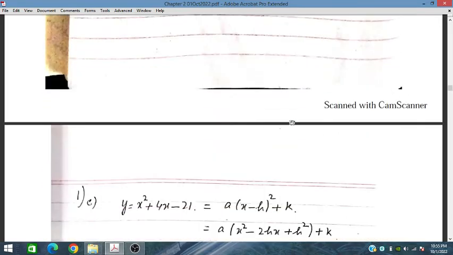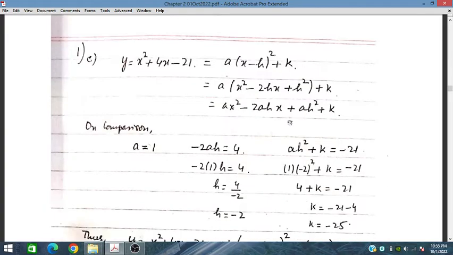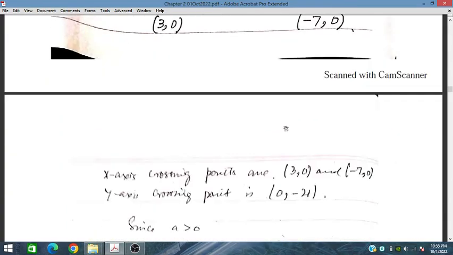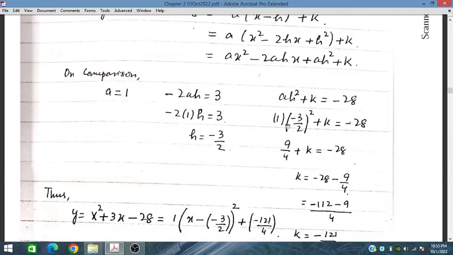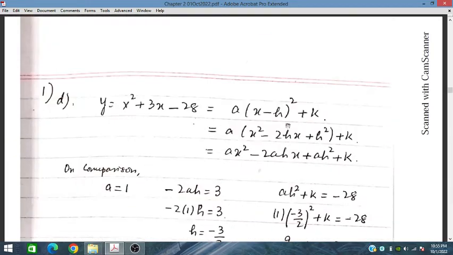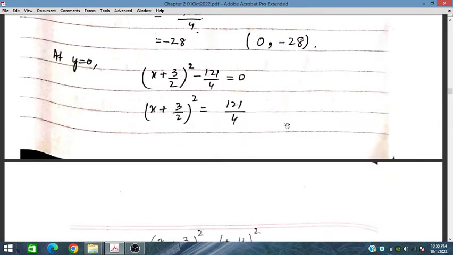With the 4 points, we have drawn this parabolic shape. Similarly, for the other examples, let's do this 1d in a similar way.